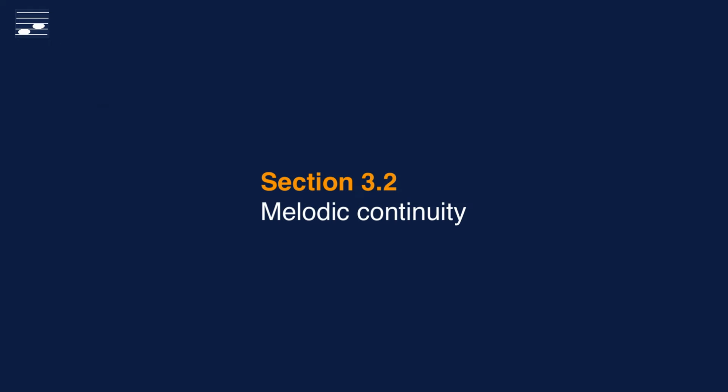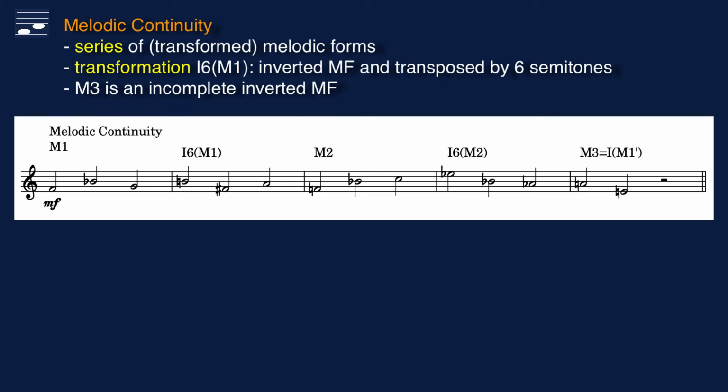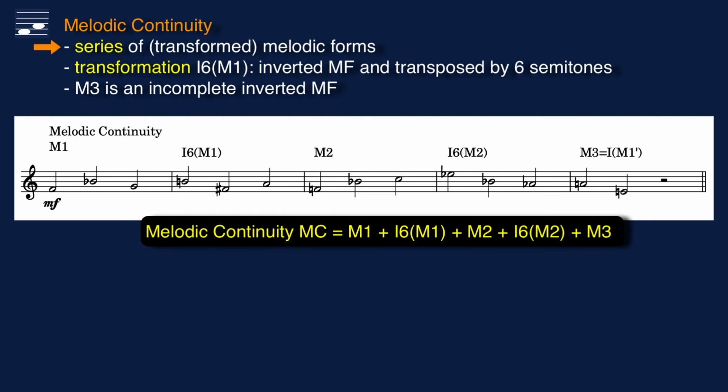The melodic continuity involves a chain, a string of melodic forms. Note the series of 5 melodic forms in this continuity. It contains the 2 original melodic forms plus 2 transformed motifs.